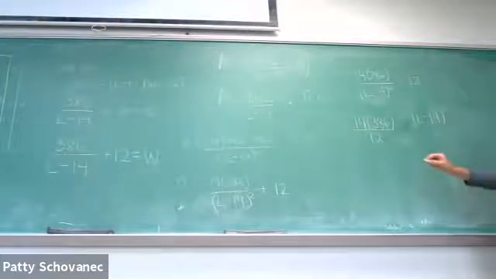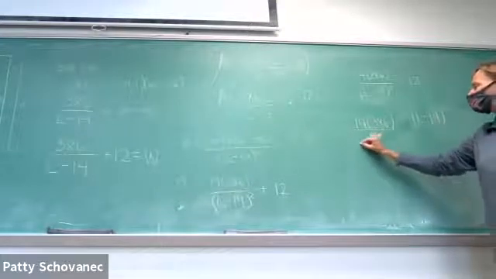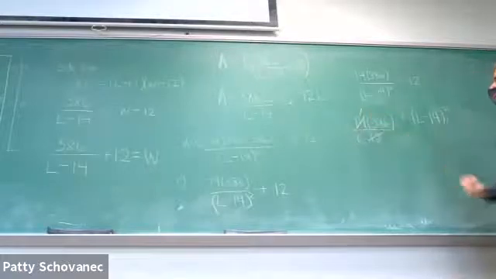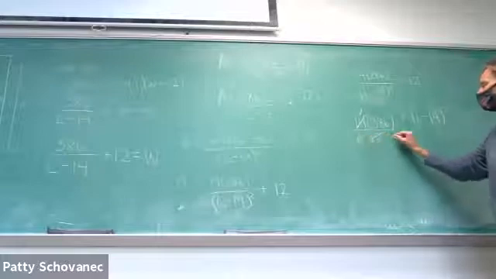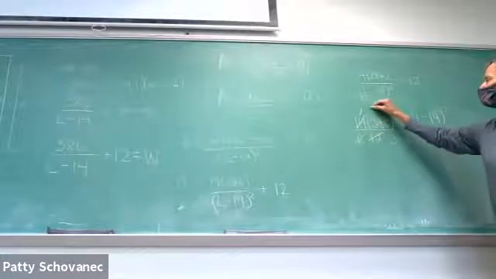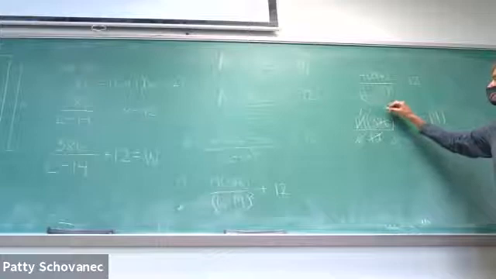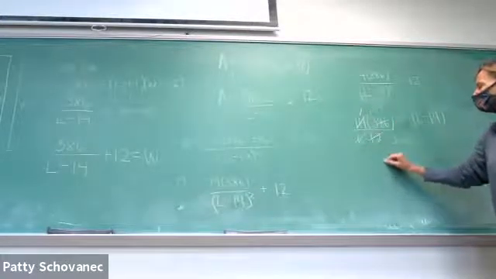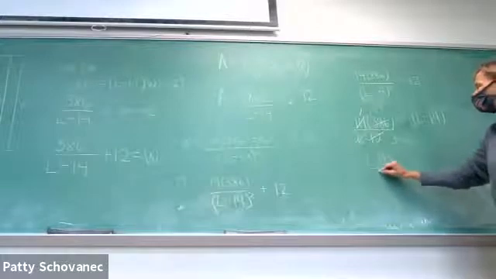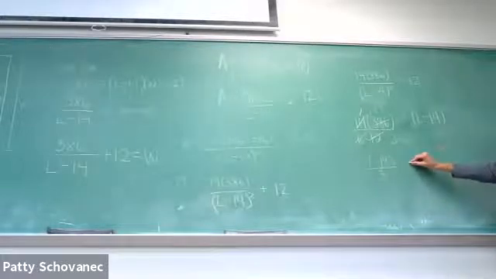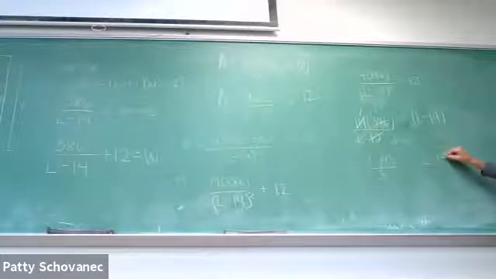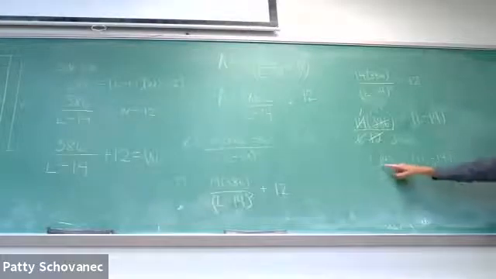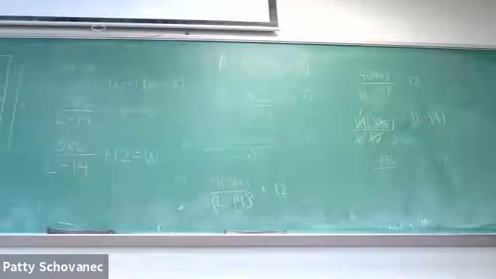Let's see, 12 is even, so let's take out 2. 6 and 386 are both even, so let's take out another 2. Times 1, that is 18. So I have 7 times 193 divided by 3 is L minus 14 squared. 9, 10, 13, none of those numbers are divisible by 3.